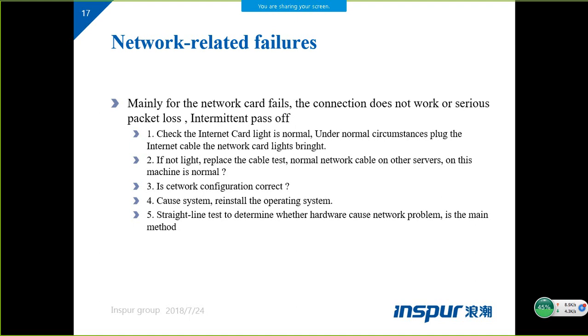And actually, there are a lot of situations about network related failures: from the switch, cable, network interface, network card, configuration, OS, DHCP server, or customer environment.